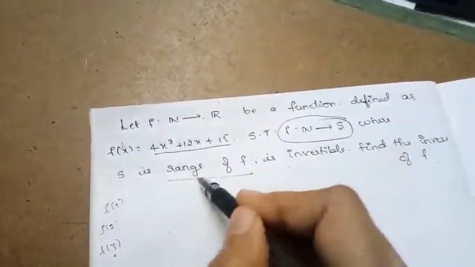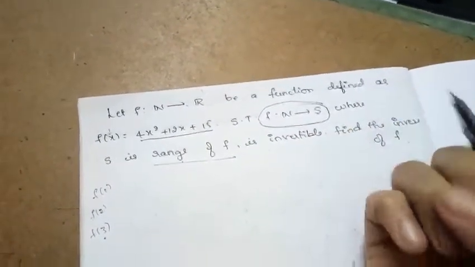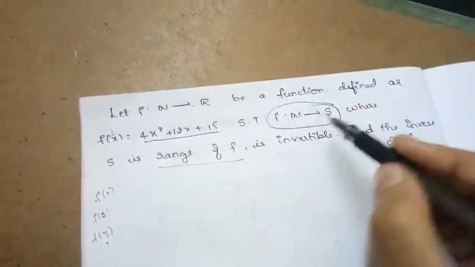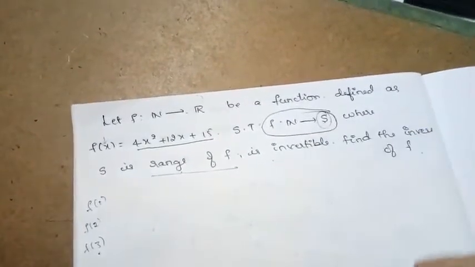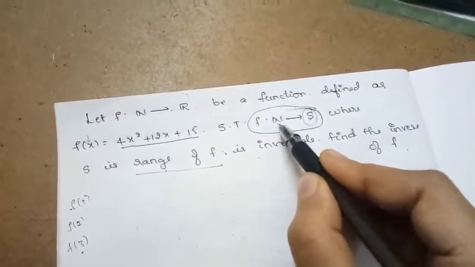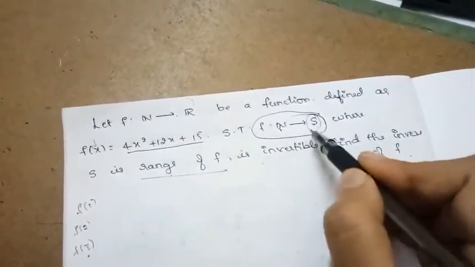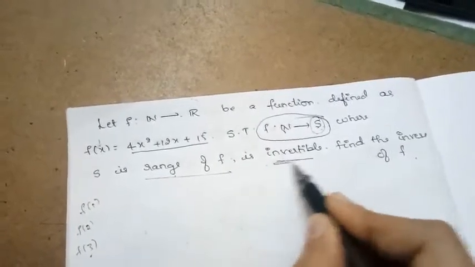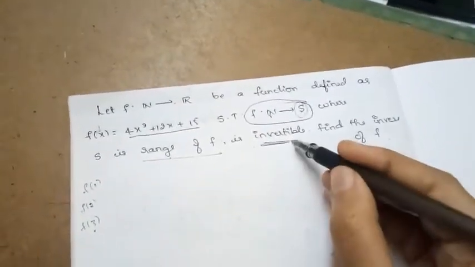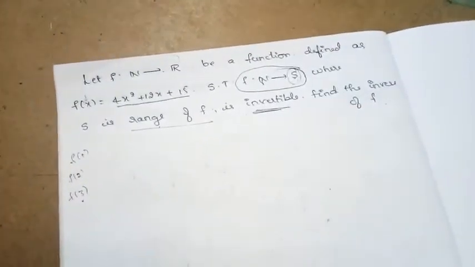Those become the range of the function. They collected the range of the function from the set of real numbers and called that range of the function the set S. So we need to show that the function f from the set of natural numbers to the range of this function, that is S, is an invertible function. And after showing that this function is invertible, we need to find the inverse.